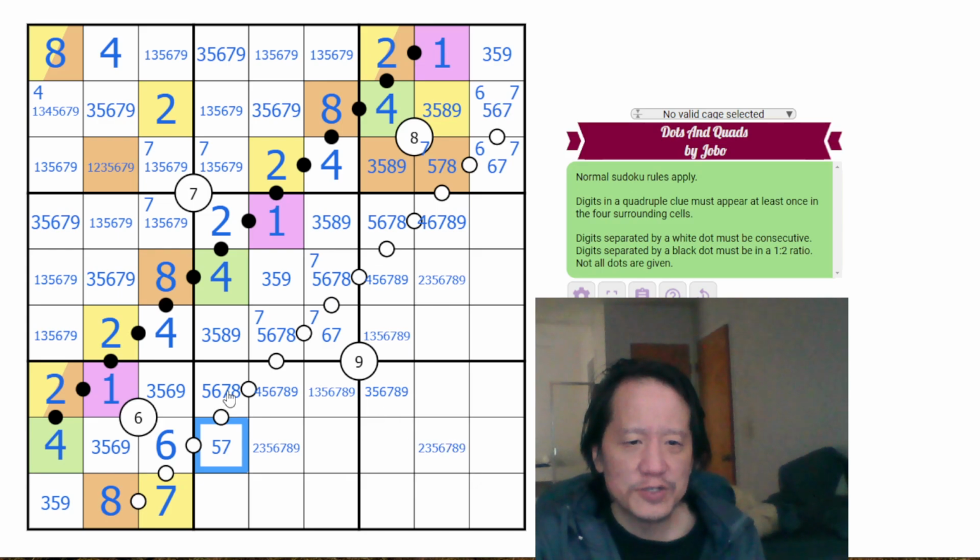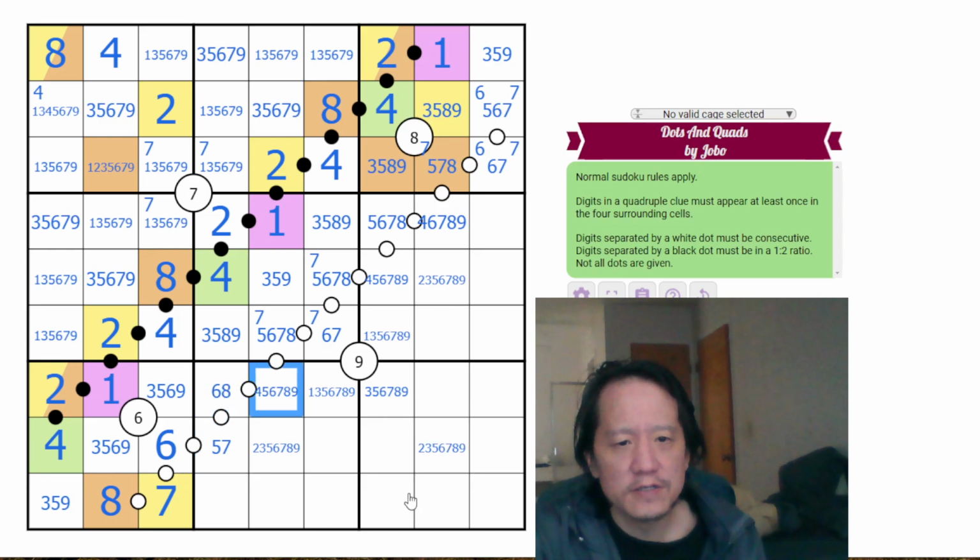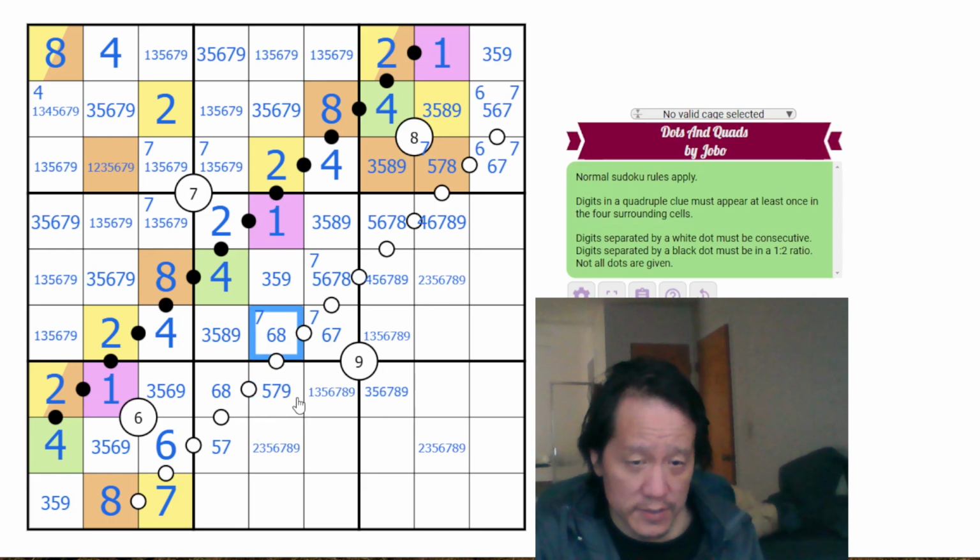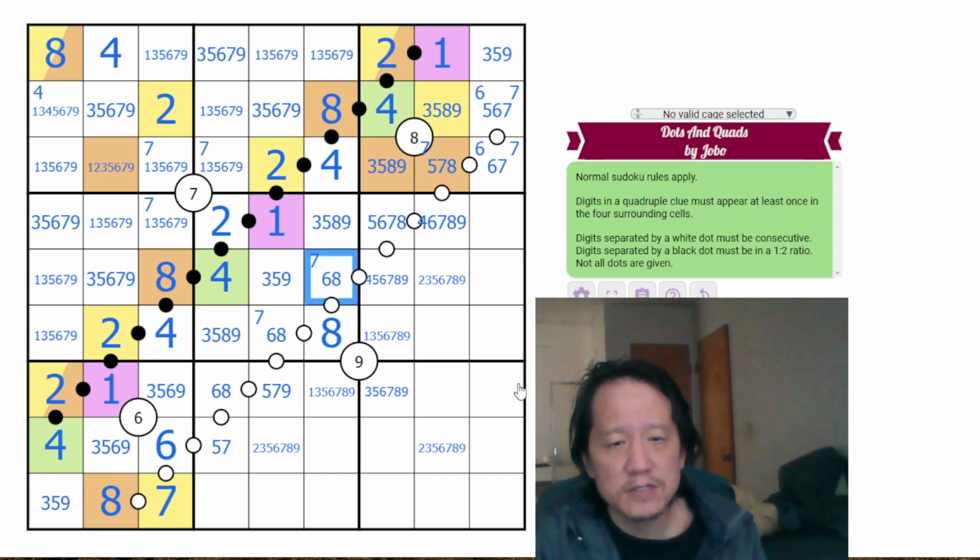This is 5 or 7, so this is 6 or 8. So then this would have to be 5, 7, 9, which would mean this is 6 or 8, which means this is 7, which means this is 6 or 8. This is 7. This is 6 or 8.